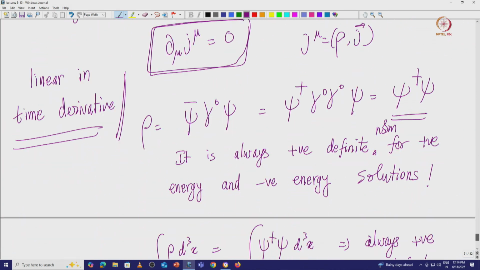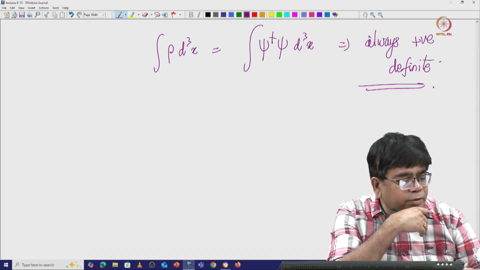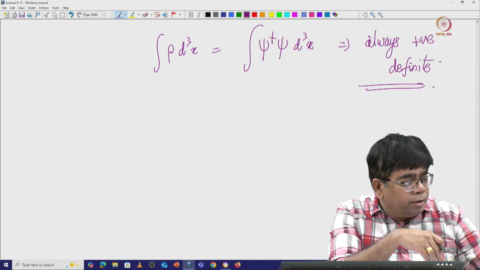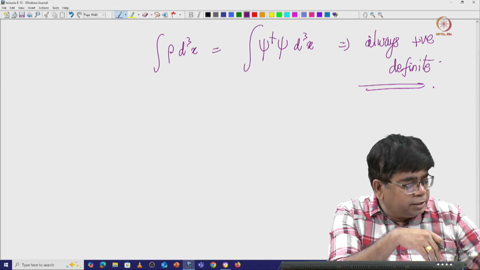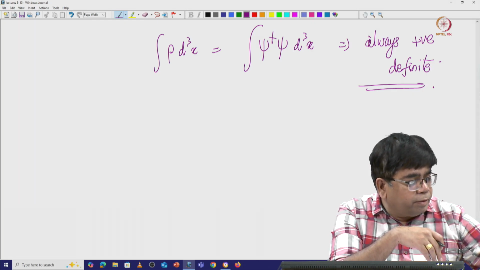Now let me digress a bit, because I mentioned that I need to tell you how these wave functions transform under Lorentz transformations, how to construct Lorentz spinors and what these spinors are, what this wave function is.